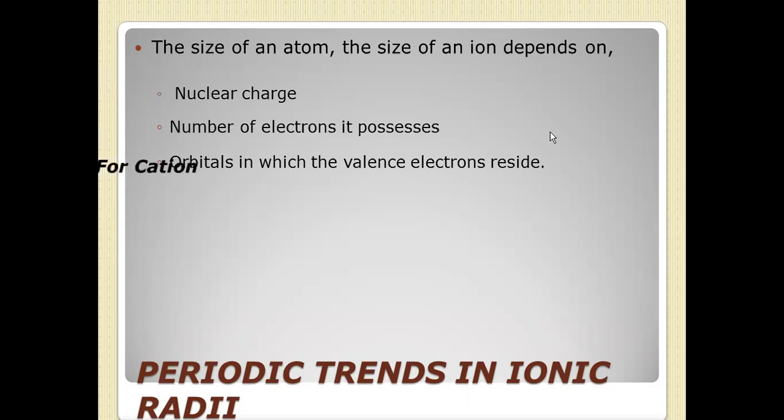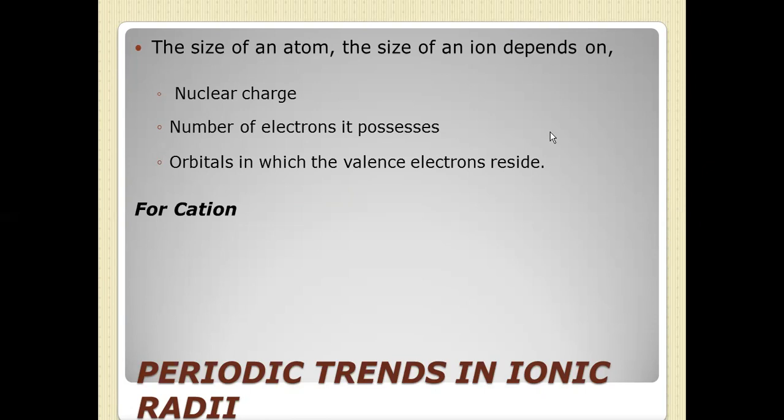According to that, you can categorize this, starting with a cation, right? When you take a cation, what is happening? What is meant by a cation? A cation loses an electron from the valence shell and becomes a more stable configuration. Once it loses the electron, it becomes positively charged.